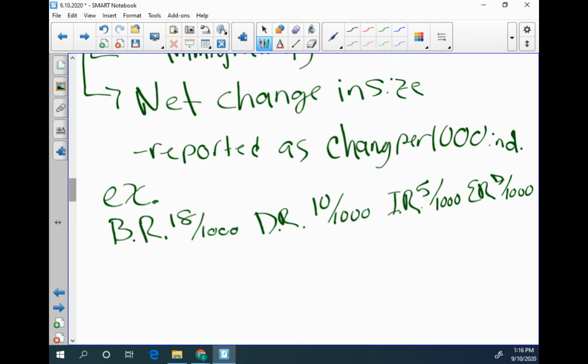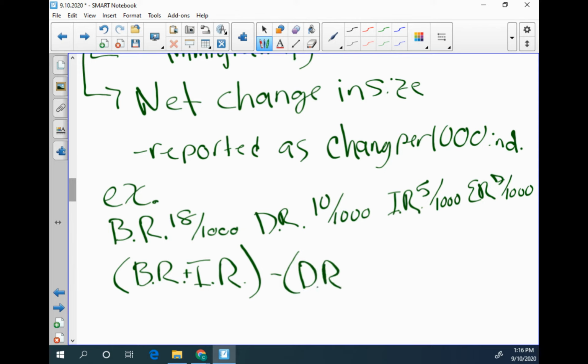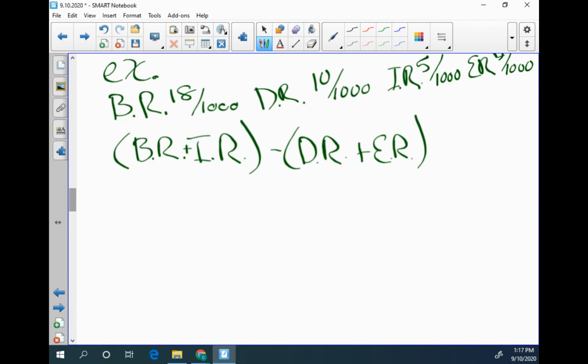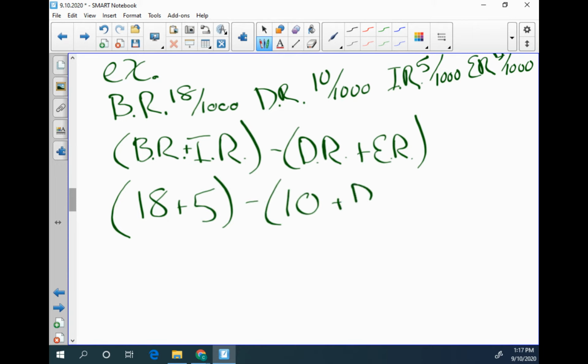So remember, we've got our formula, which is birth rate plus immigration rate minus death rate plus emigration rate. It would be 18 plus 5 minus 10 plus 7.